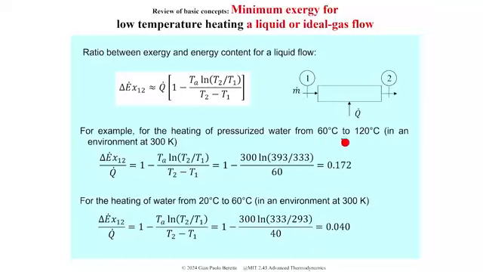So if you compute it for these temperatures, from, say, heating water from 60 degrees to 120, which corresponds to an industrial application, and assume an environment at 300 K, that's 27 degrees C. Here's the number.